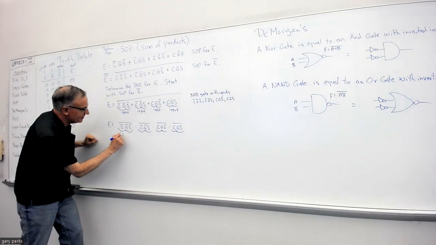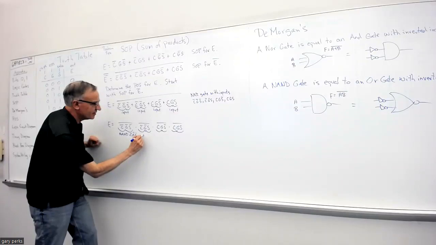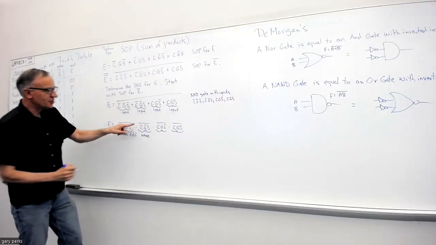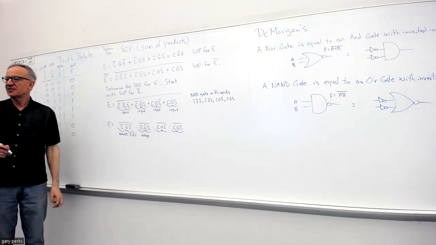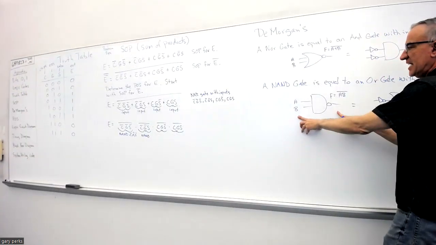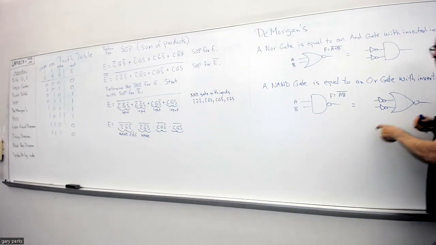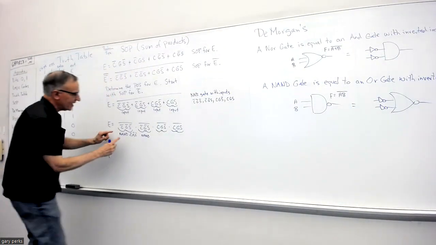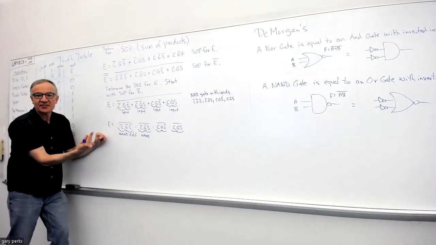See, this is a NAND with inputs not C, not G, not S. And this is a NAND with inputs not C, not G, S. And this is a NAND, and that's a NAND. They're all NANDs. And De Morgan's tells us a NAND is the same as an OR with inverted inputs. So I can take this term, invert each of the inputs, and OR them together.